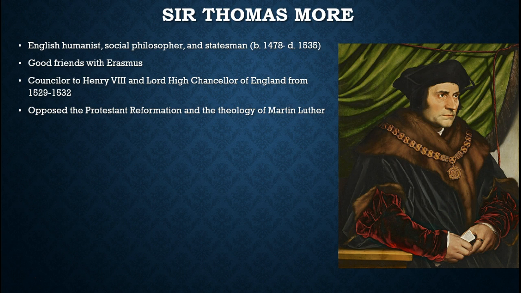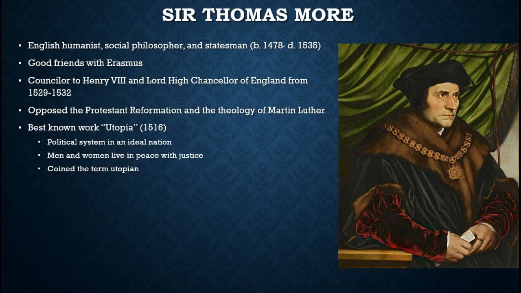More was strongly opposed to the ideas of the Protestant Reformation and rejected the teachings of its leader, Martin Luther and the Lutherans. His best-known work, Utopia, outlined the political system of the ideal nation, where men and women lived in peace and harmony. His work coined the term utopian to describe a perfect society.